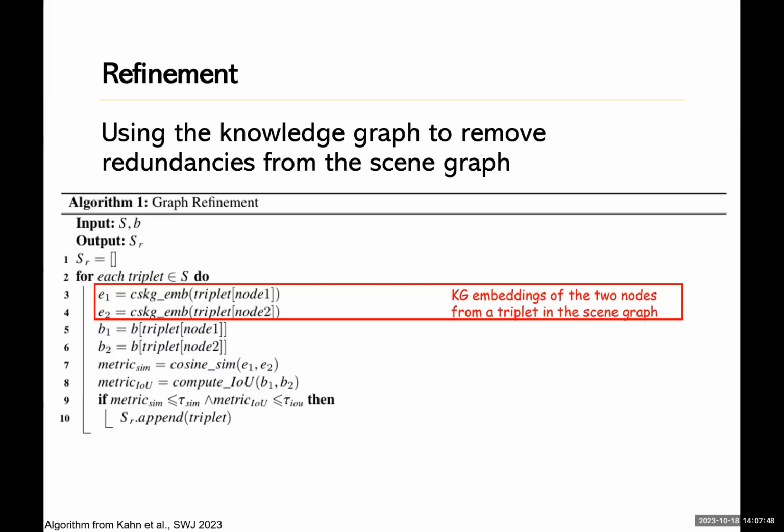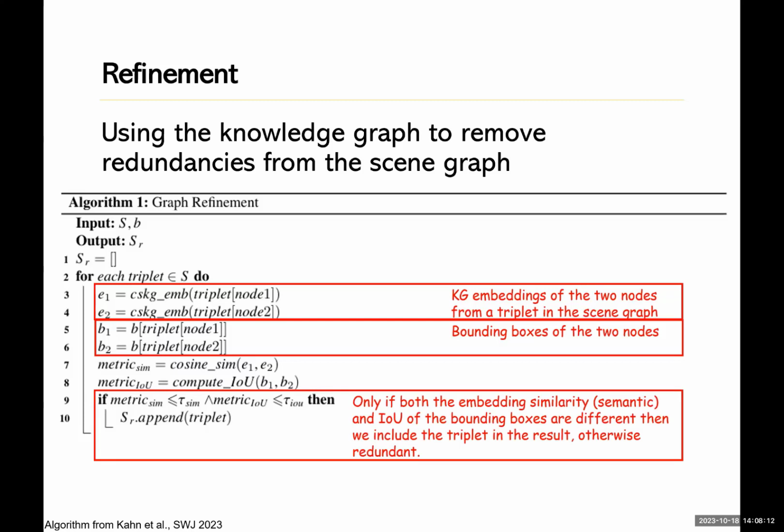So we're seeing what the embedding of these two guys in the scene graph looks like in the embedding space induced by the knowledge graph. Then we also have the bounding box of the two nodes. And we're computing these metrics based on that. So we're looking at the similarity between the two nodes based on the knowledge graph. And we're looking at intersection over union between the bounding boxes.